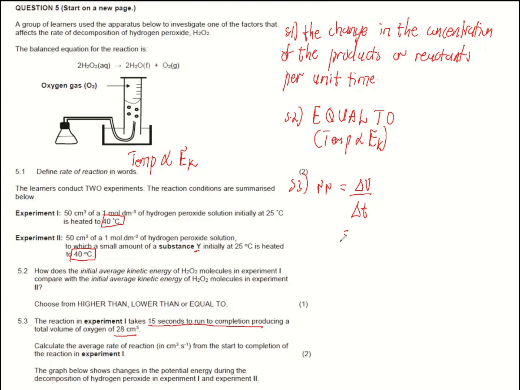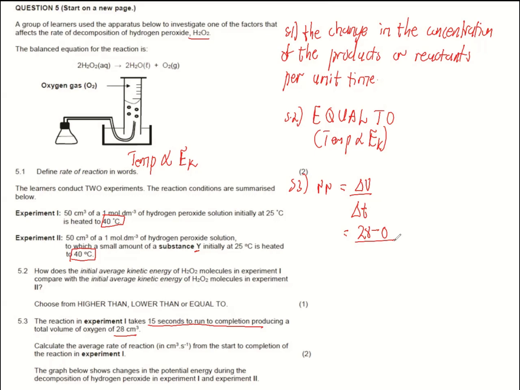And then the final volume of oxygen produced is 28. Since oxygen is a product, we assume that there was no oxygen at the beginning of the reaction because we only had the hydrogen peroxide, which was decomposing at that time. So 28 minus 0, initially the oxygen was 0.